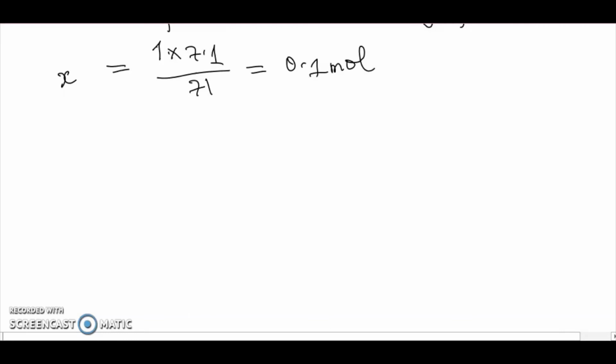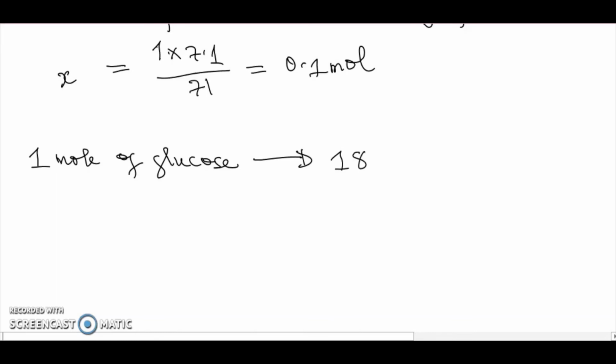Now we know that 1 mole of glucose has a mass of 180 grams.